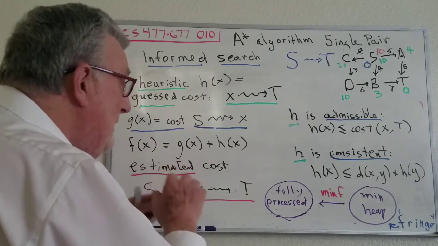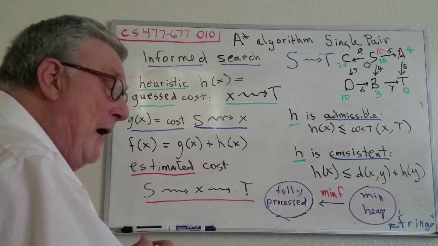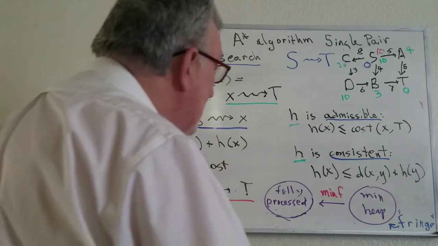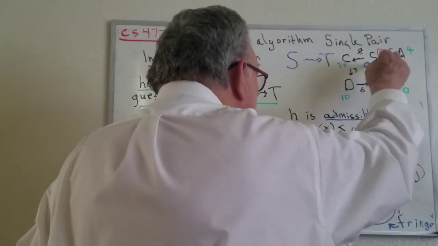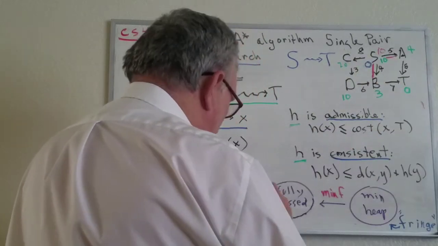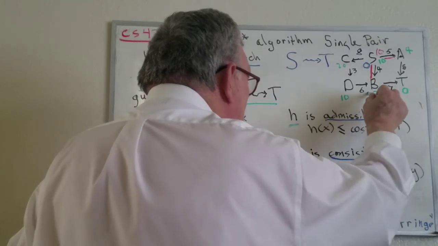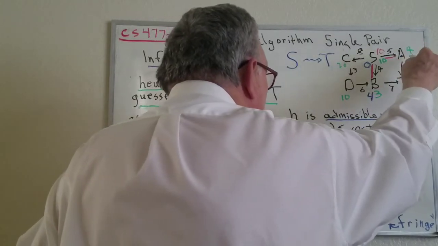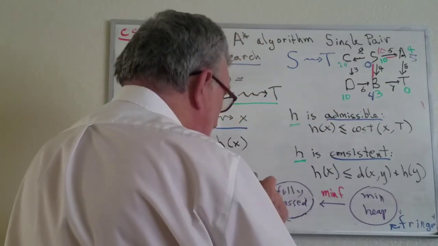And once we delete a node, we then insert all its out neighbors that are not already in the structure. So in this case, we're going to insert B and A, and those red lines are the back pointers. And let me briefly say that we have a value of 4 and a value of 5 for the actual cost, g of x here.